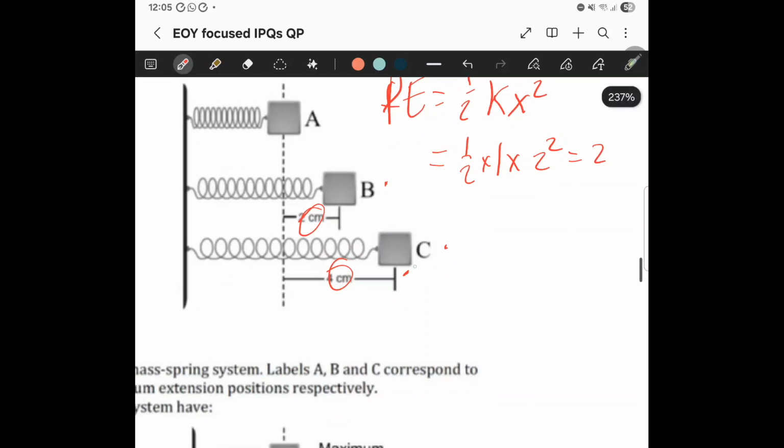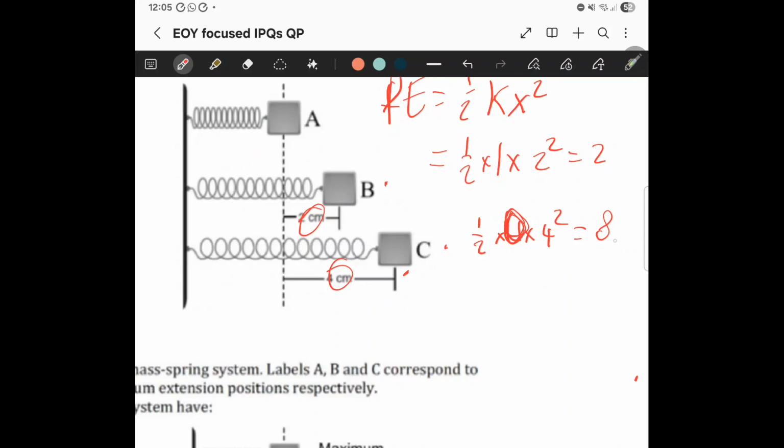Very nice. If I doubled it, I will do 1 over 2 times 1 times 4 squared. A half times 1 times 4 squared becomes 8. So the idea now is what I have just said. I have set k to 1 because it is the same spring, so I didn't need to care about the k.